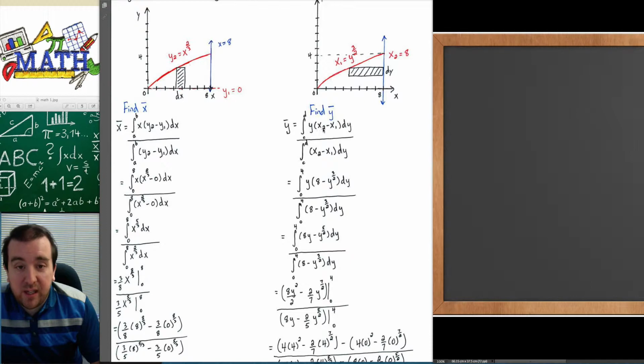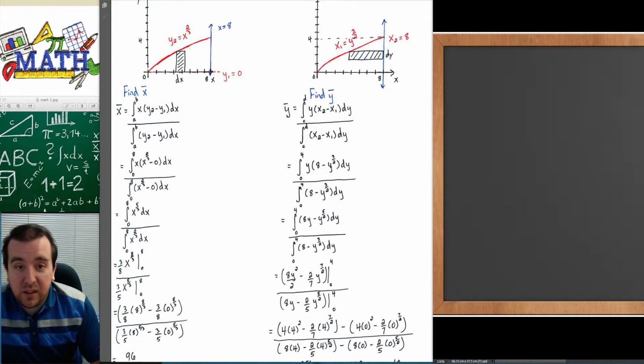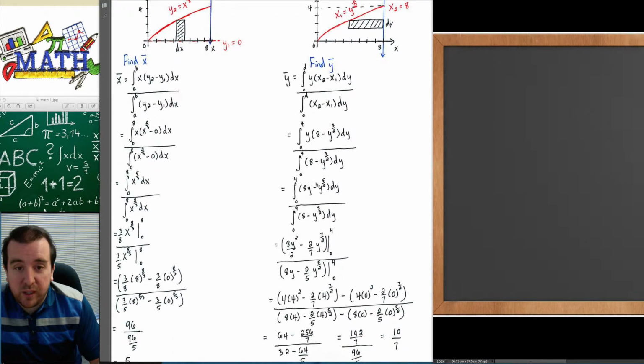It's y times x2 minus x1 dy, so our x2 is 8, our x1 is y to the 3/2, integrating from 0 to 4, and on the bottom I think you can see exactly x2, x1 again, 8 and y to the 3/2, and now we simplify this a little bit before we actually integrate.